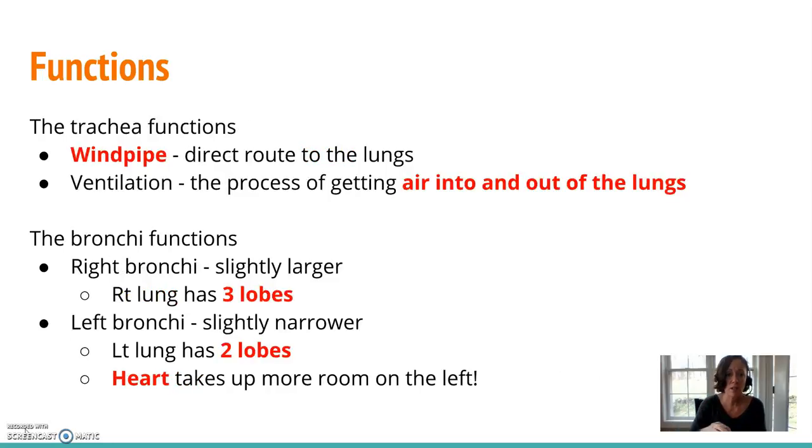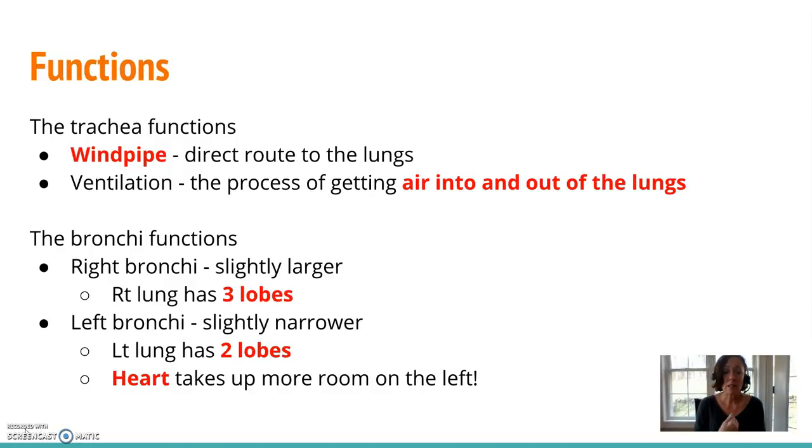The trachea, moving further down, is your windpipe, and it's just the direct route to the lungs. Its function is ventilation. That word is important, so put a star by that one. Ventilation is the process of getting air in and out of your lungs. At the bottom of your trachea, it branches into 2 bronchi. There's the right bronchus and the left bronchus.